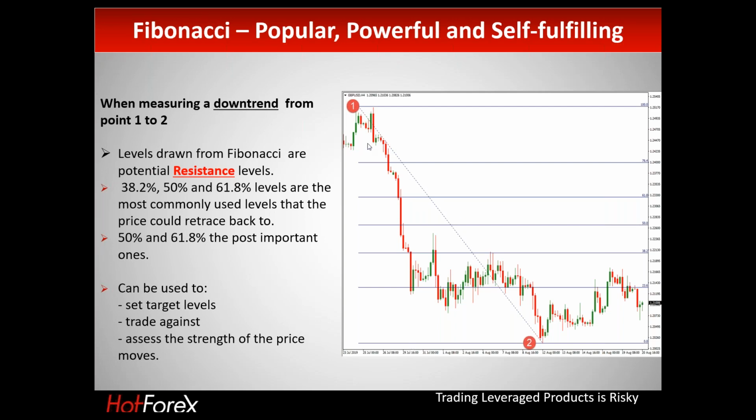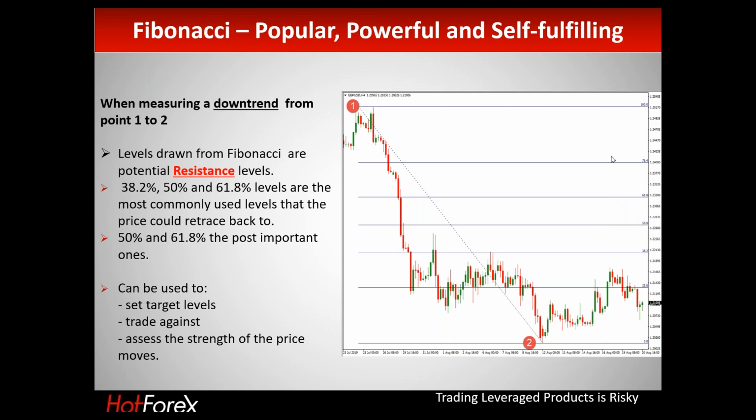And we can see that some horizontal levels have been created, which represent Fibonacci levels. These are 76.4, the 61.8, the 50%, the 38.2, and 23.6%. They are all Fibonacci levels. I have stated in the previous slide how these are calculated, but you don't need to worry about it because these are already given by default on the Fibonacci tool.